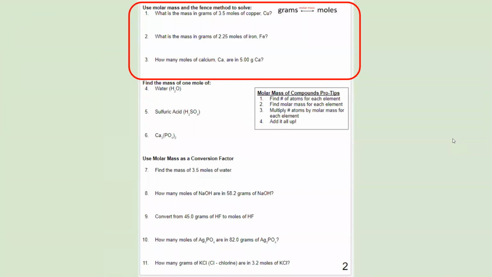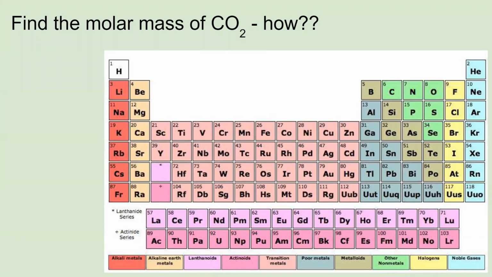Okay. Right here in this spot where it says molar mass of compounds, this is going to help you find the molar mass of these items. So if we go back, let's do CO2 together. So CO2 has 1 carbon. Go ahead and write this right here. Carbon, it's got 1 of them.